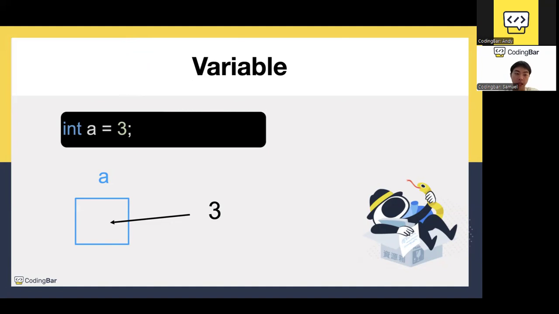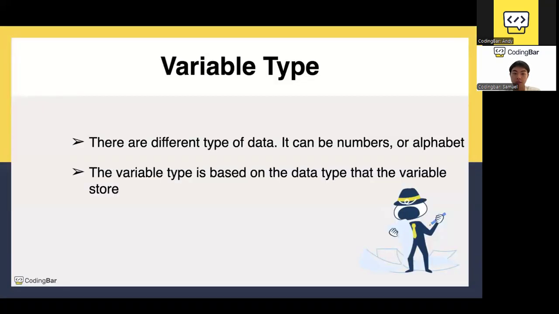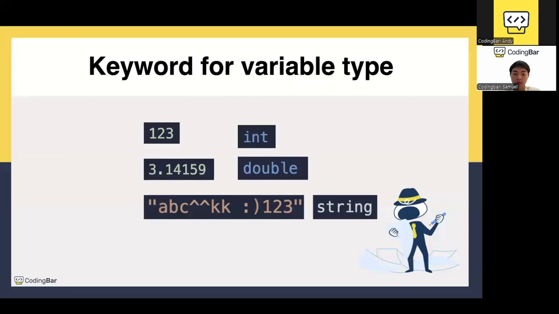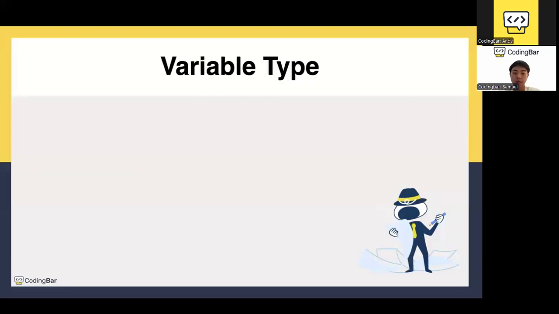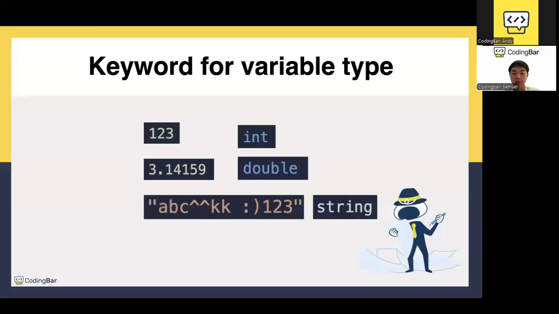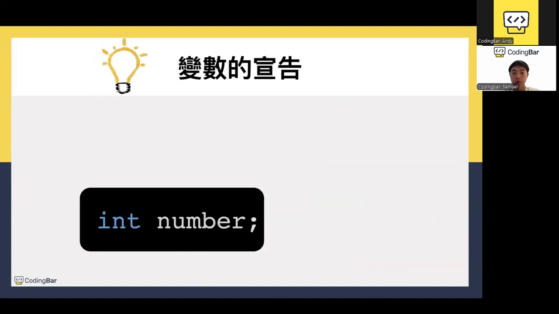We also talked a little bit about variable types. There are a lot of variable types like integer, double, or string. I believe you have used a few of them like integer and string, but we are going to talk more about them today.